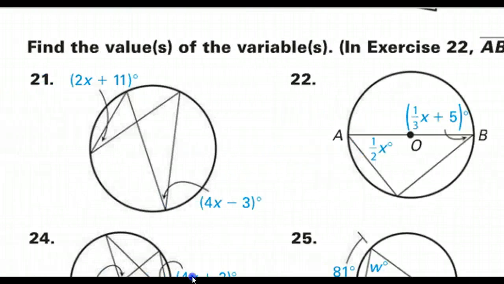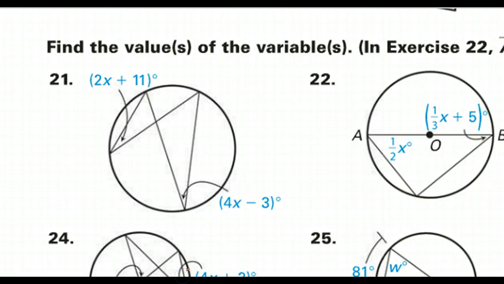All right, so what about number 21? These are the ones where we have to set up equations. The two expressions that we are given are expressions for these angles right here and here. Are these going to be equal, or will they be supplementary, or what? Yeah, they're going to be equal.